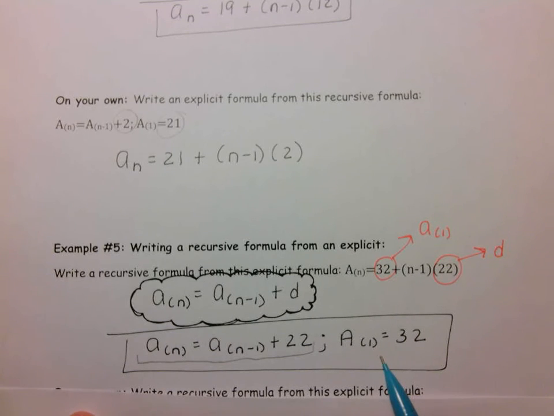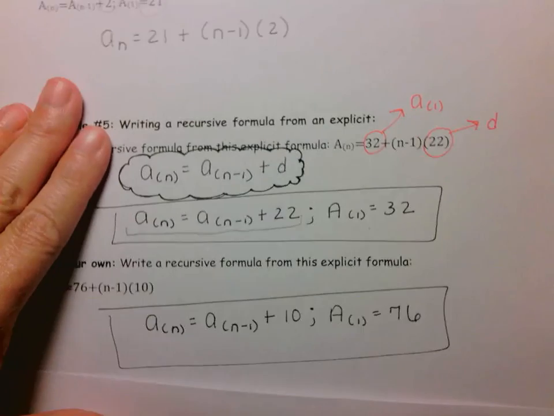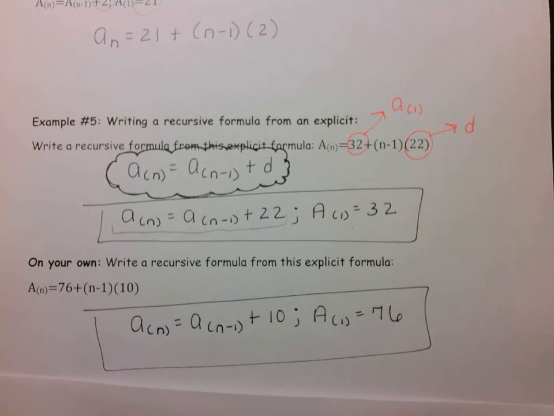So go ahead and hit pause and work that out on your own. And here you go. You're just grabbing the information from this formula and putting it into the recursive formula.